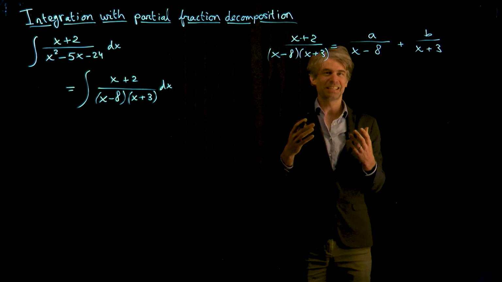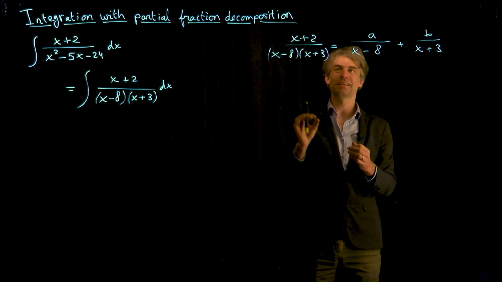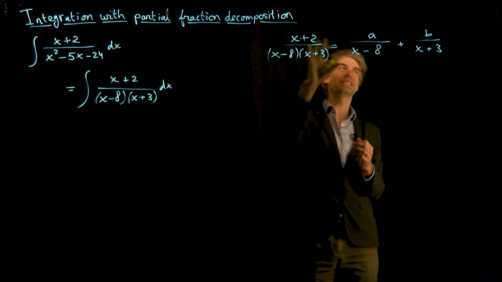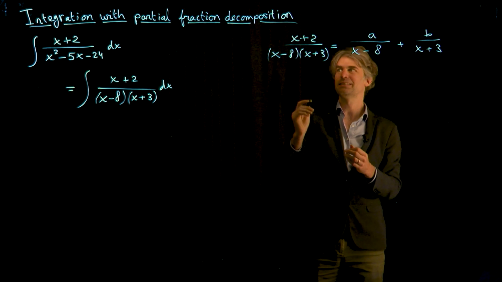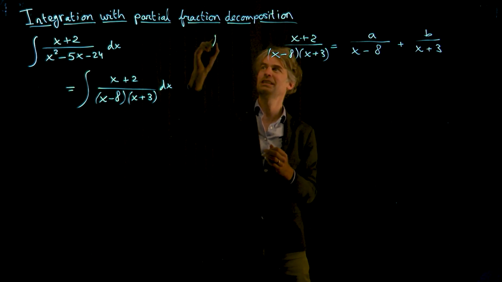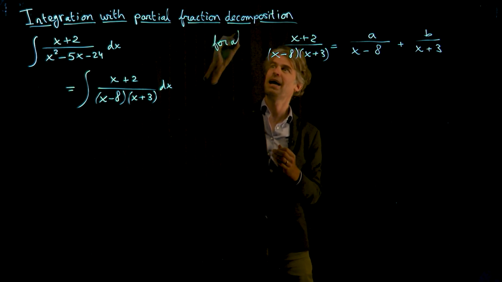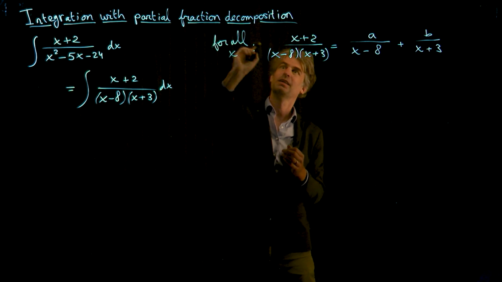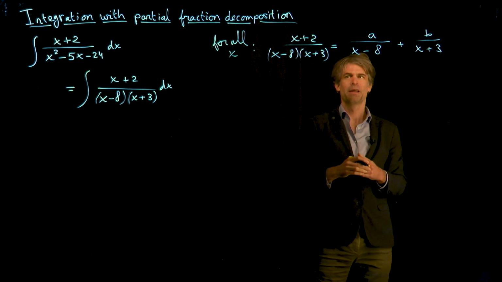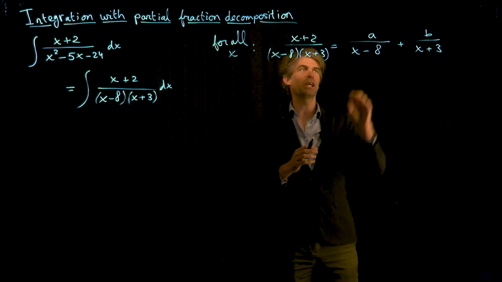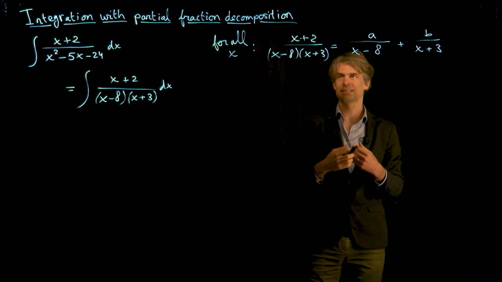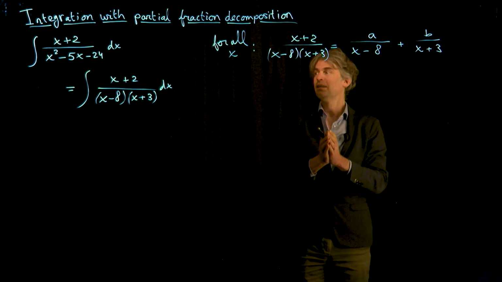But the nice thing is that there's actually not one equation. There are infinitely many, because this equation has to be true for all x. I could even write it just to make sure you see this: for all x, this has to hold. And that gives us the possibility to solve for what a and b should be such that this equality holds.